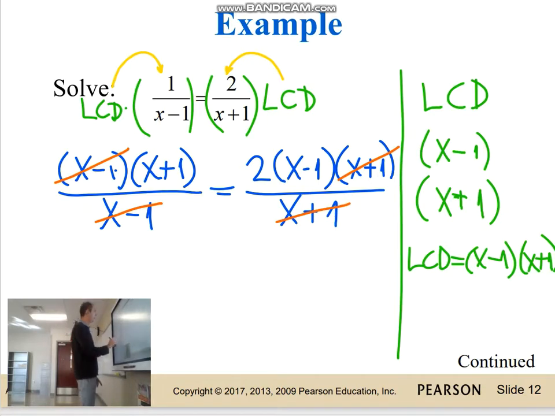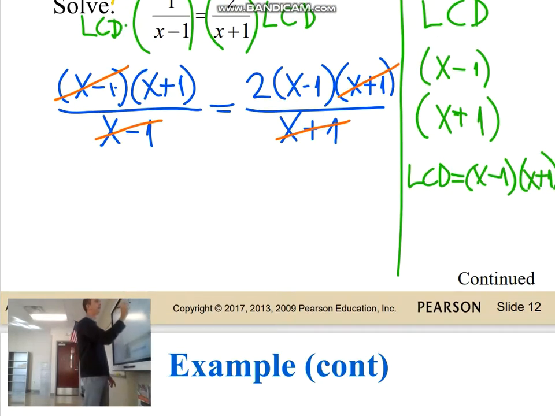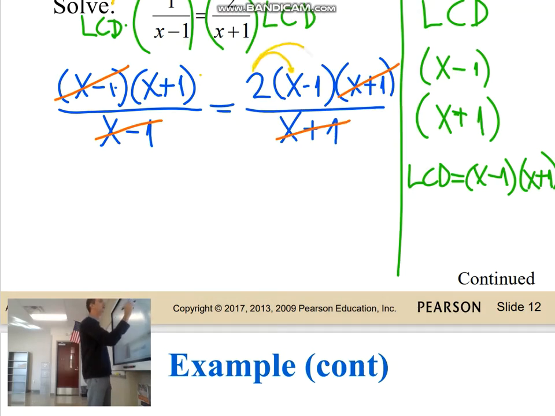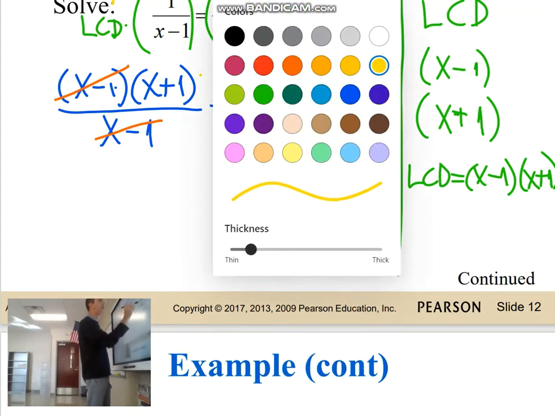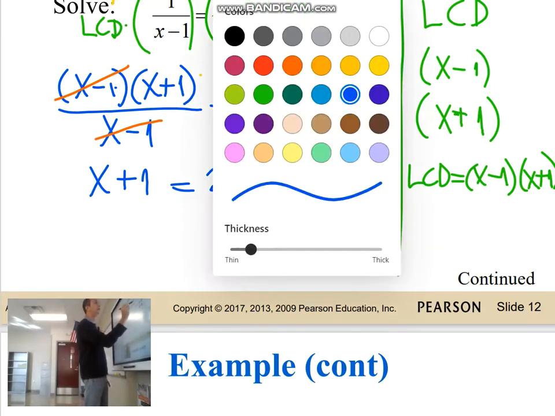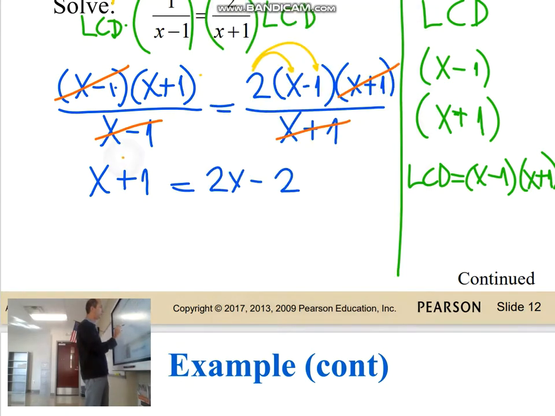Great. And apply distributive property here: x plus 1 equals 2x minus 2. The best thing is to move this to the other side.